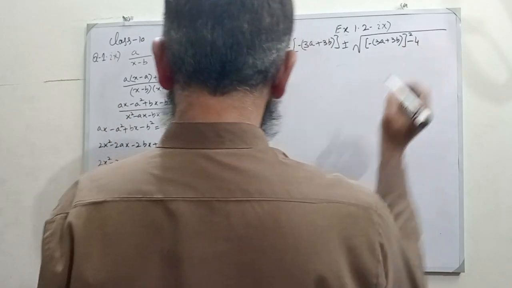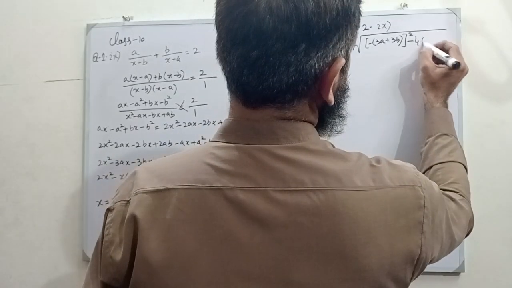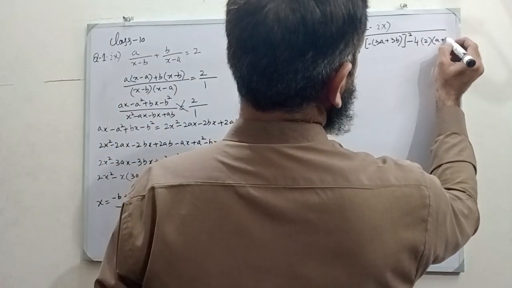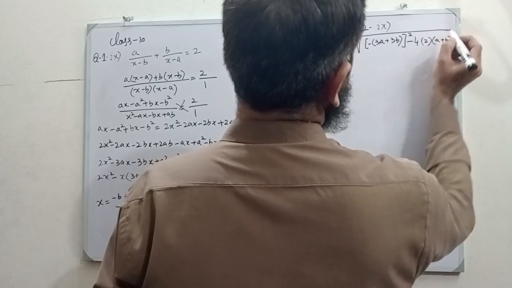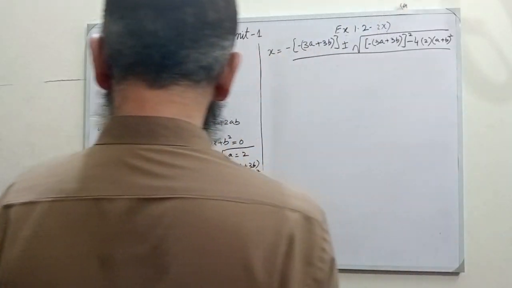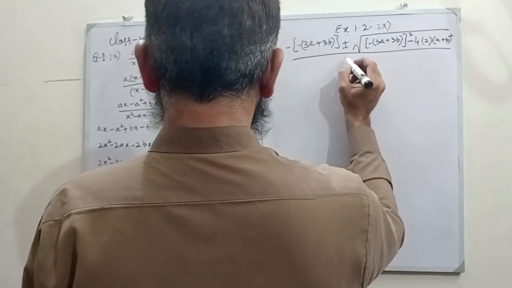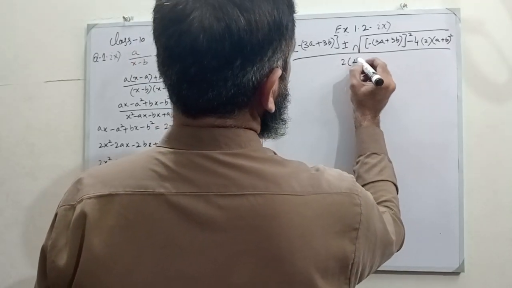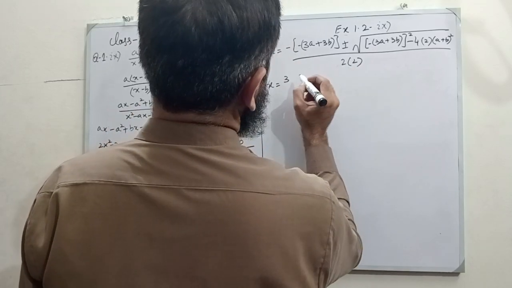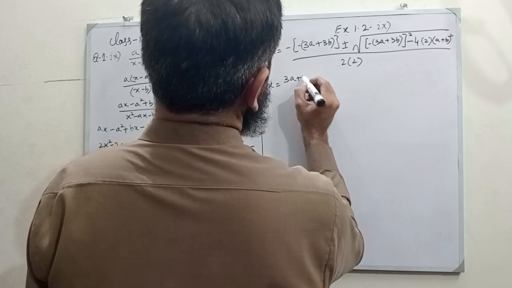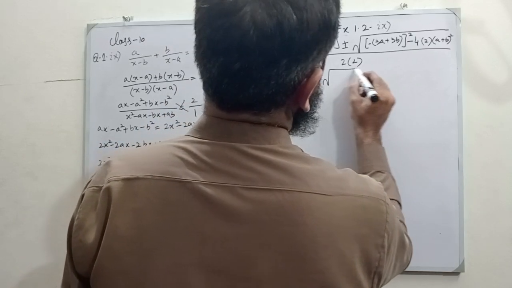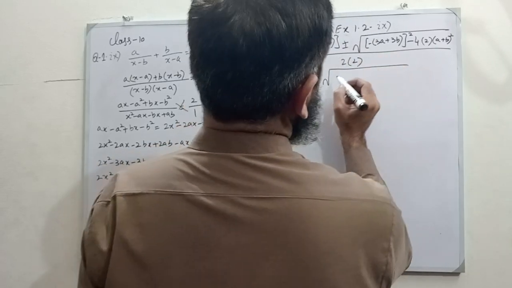What is the 4, and what is the value of a? A is 2 and c is a plus b whole square, okay. So divided by 2a, what is the value of a? Is 2 into 2. So here x is equal to, it will be 3a plus 3b plus minus under root, okay.